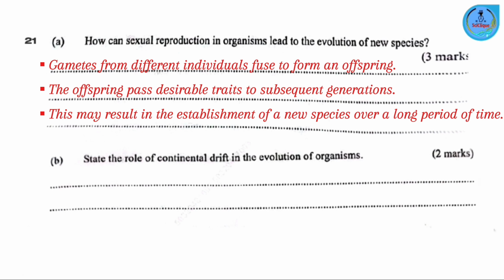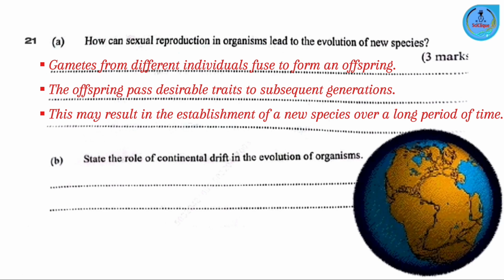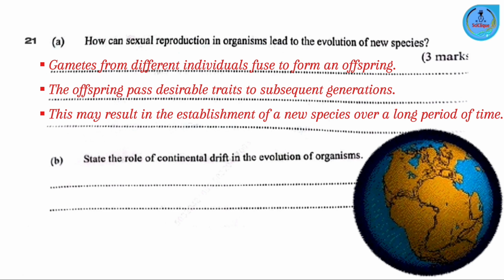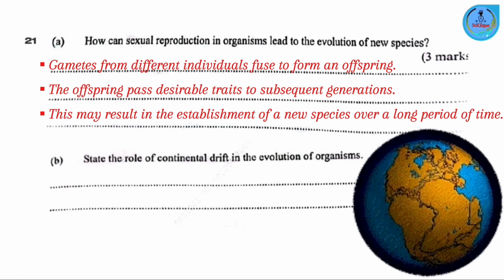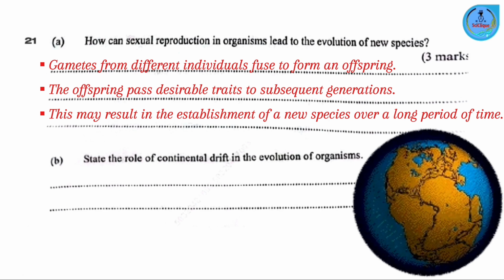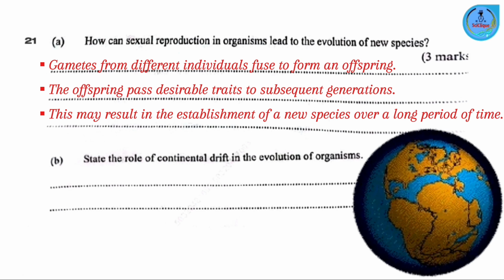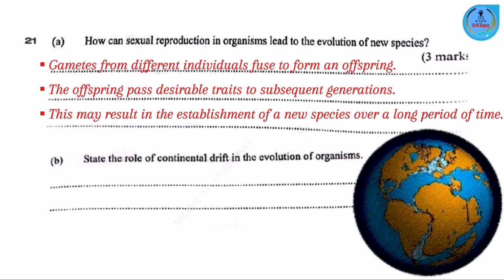Part B, state the role of continental drift in the evolution of organisms. Okay, story time now. So according to this theory, a long time ago, and I mean a long time ago, there existed only one landmass. This was called Pangea. So the animals could freely move from one part to another. And then Pangea broke down into smaller parts that moved away from one another.